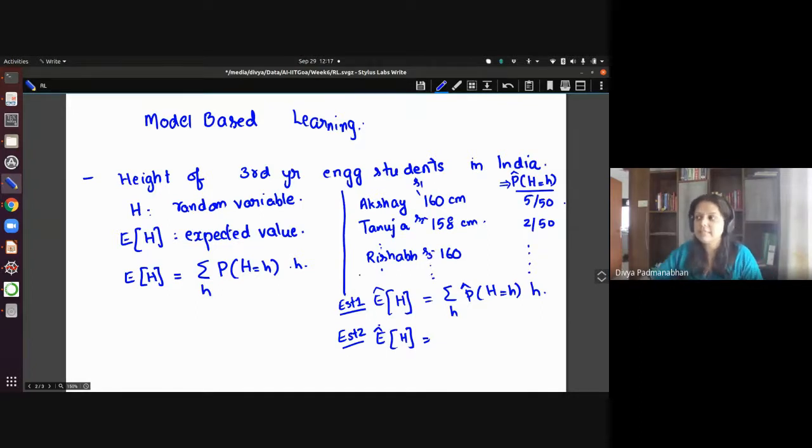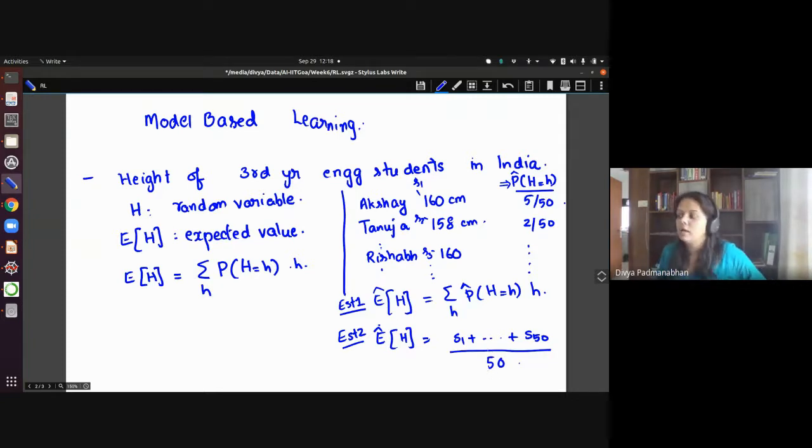Okay, so all these are samples of the random variable H. So instead of doing estimate one of finding the probabilities and computing this, I can just take the sum of all these samples, S1 plus so on plus S50, 50 students. If there are 50 students, I take this number divided by 50. Okay, so this is another estimate.